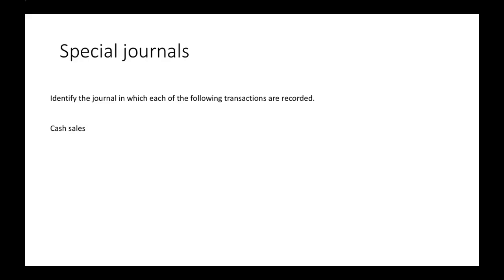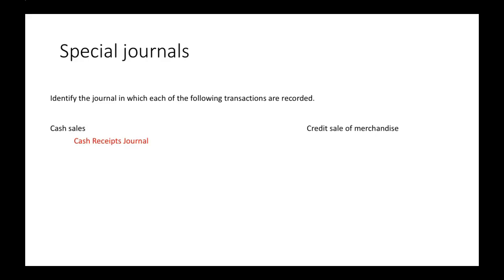Is cash involved in cash sales? Yes. So then we can think about, are we getting cash or are we paying cash? If we make cash sales, that means that we are the one receiving this cash, so we would record that in the cash receipts journal.